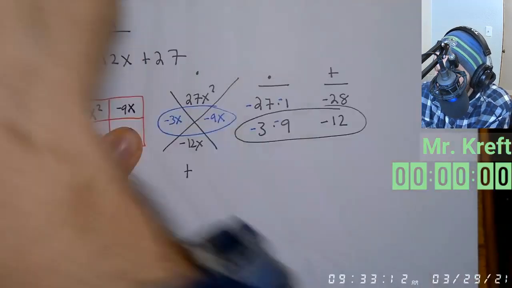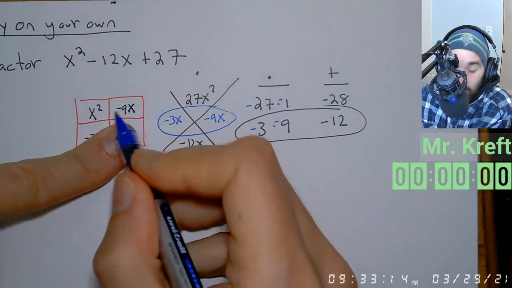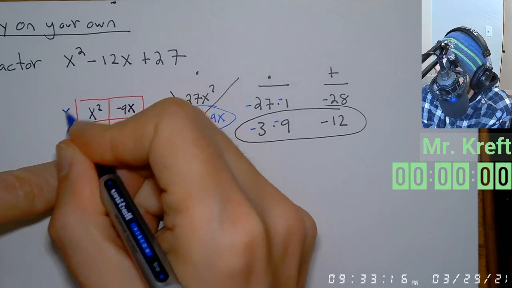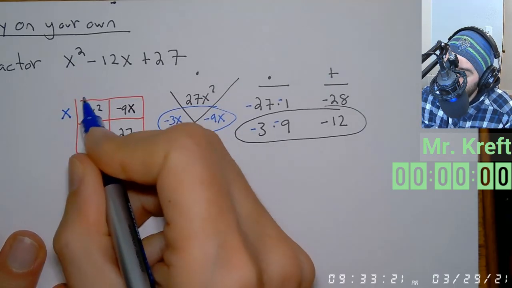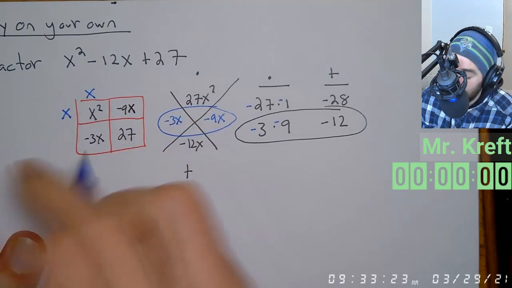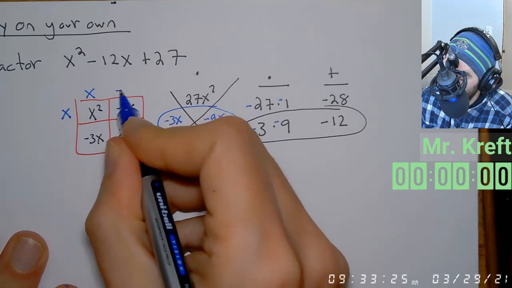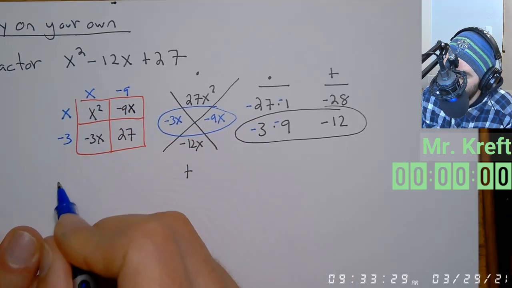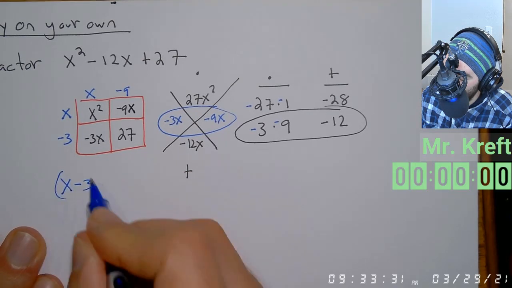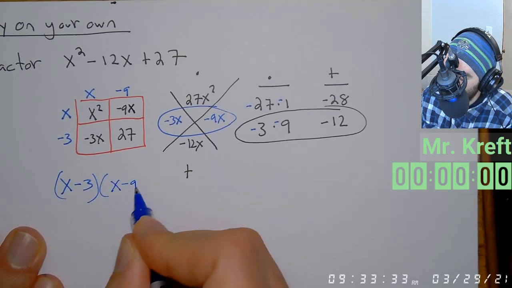Okay, so I'm going to factor out here. What do I got on the top? I have 2 x's and 1 x, so I'm going to pull out this. Okay. And then what times x gives me x squared? I get x. And then I get x times what is negative 9x? It's negative 9. X times what is negative 3x? So my answer is x minus 3 times x minus 9.